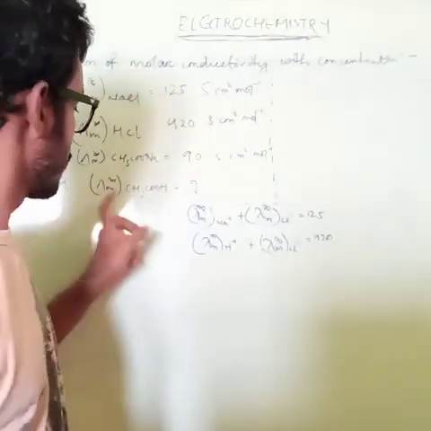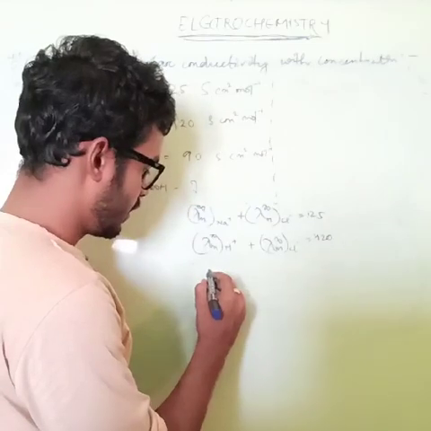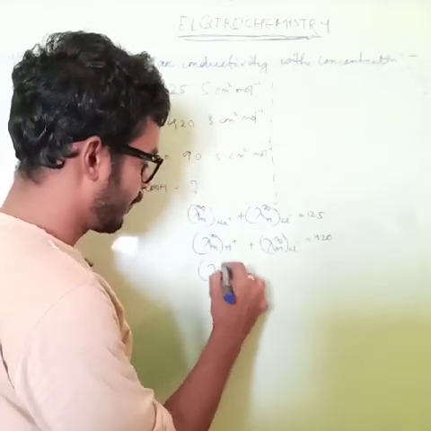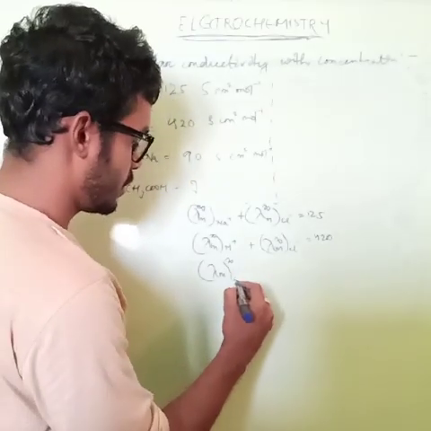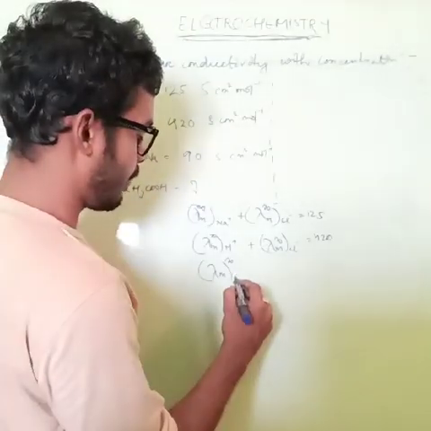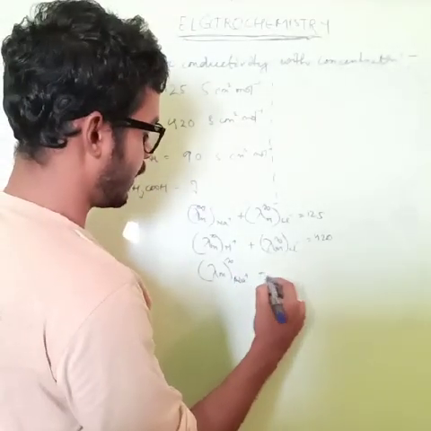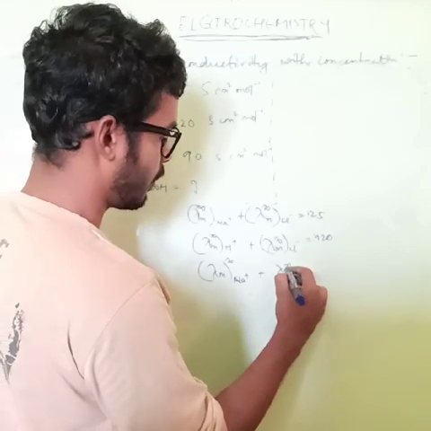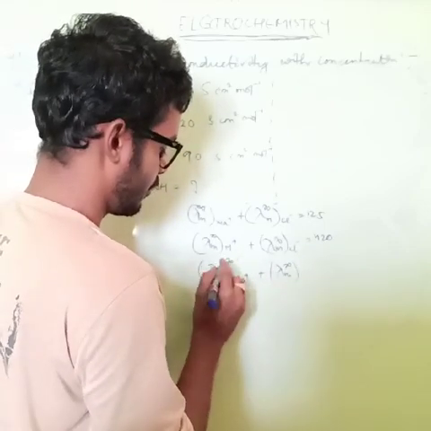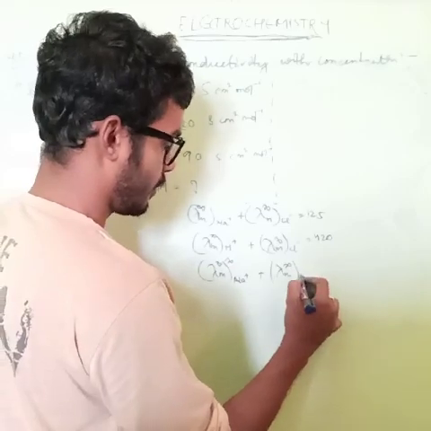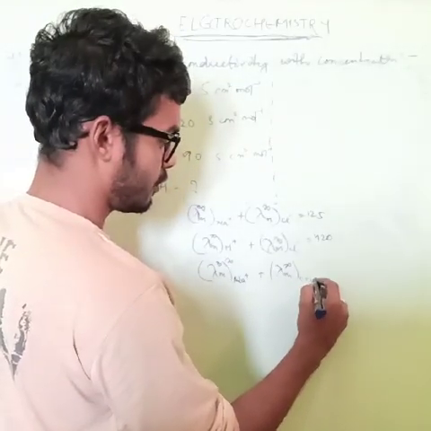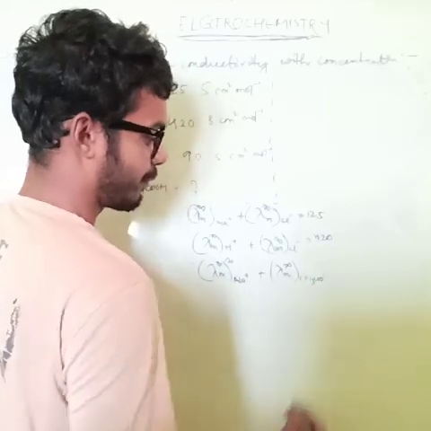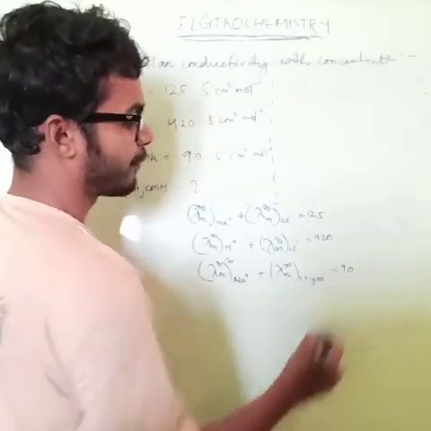Okay. So next, sodium acetate: lambda m infinite of Na plus plus lambda m infinite of CH3COO minus, which is given as 90.